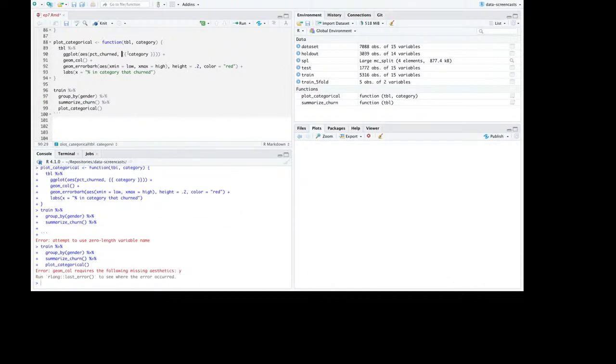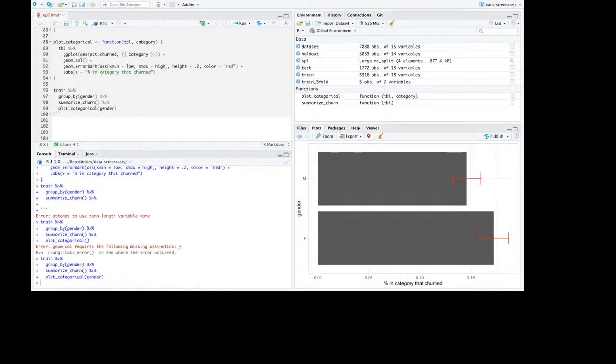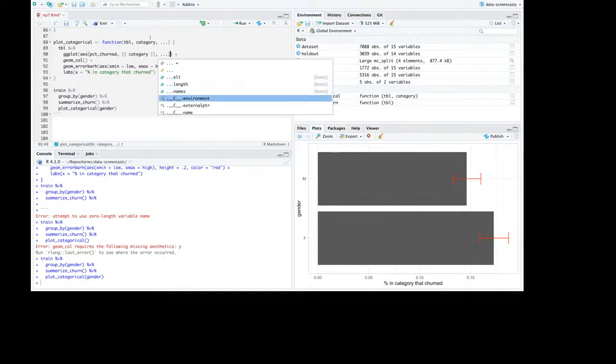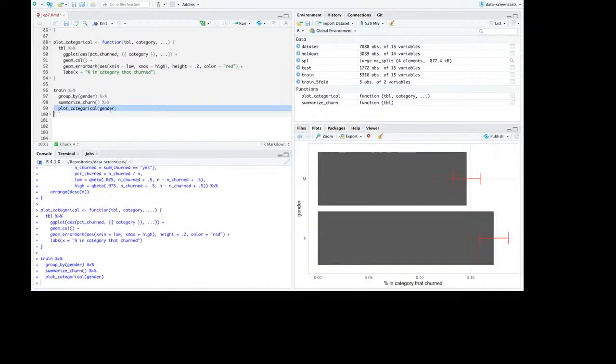Except I neglected to do, so PCT churned by category, oh, I forgot to do category gender. And really I can do category and then dot, dot, dot. Why am I doing it this way? Because now you'll see I'll be able to do other summaries.